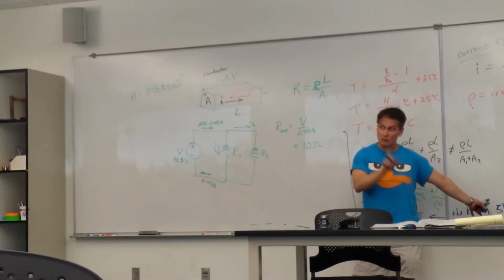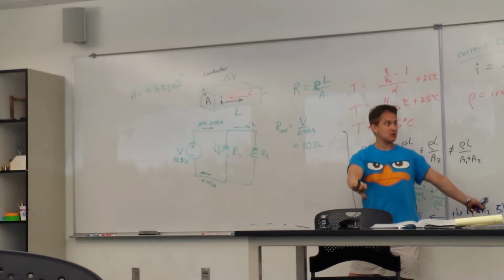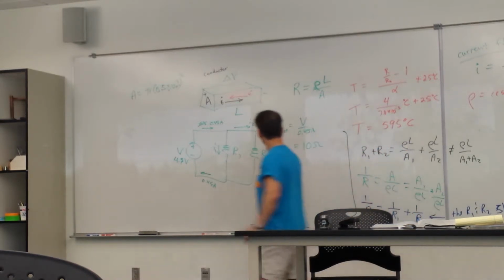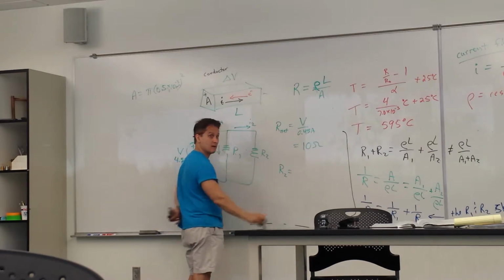It was 15 when it was just 1. Now adding a second one doesn't increase it, it actually decreases it. Current goes up, resistance goes down. So what is R2 then?